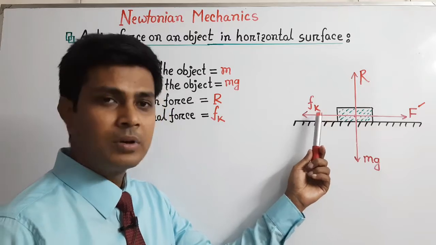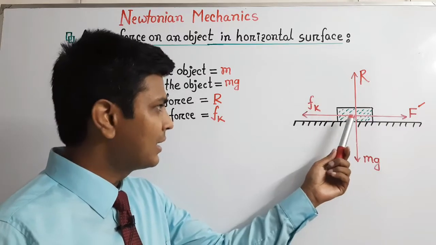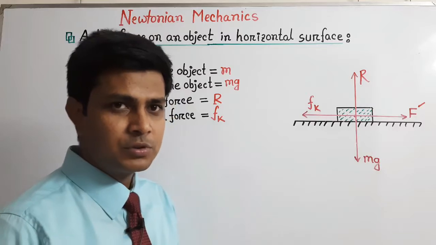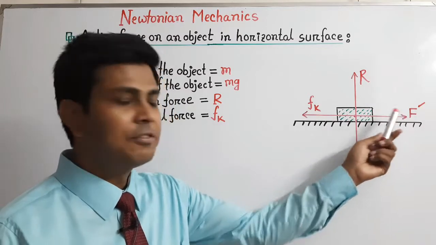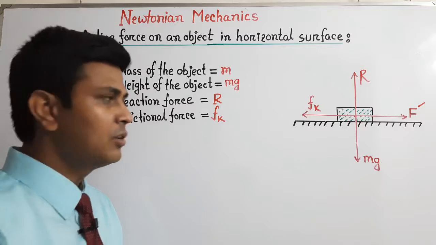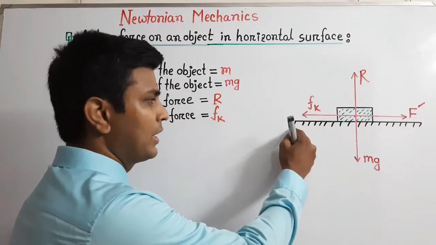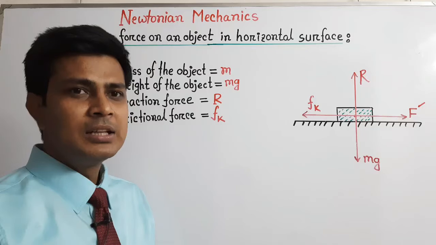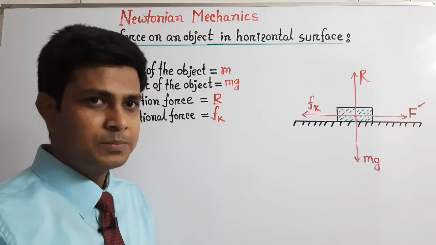This frictional force always acts in the opposite direction to the effective force, and here F prime is the effective force. Now if you want to pull that object from one end of the surface to the other end, then we have to apply a force.